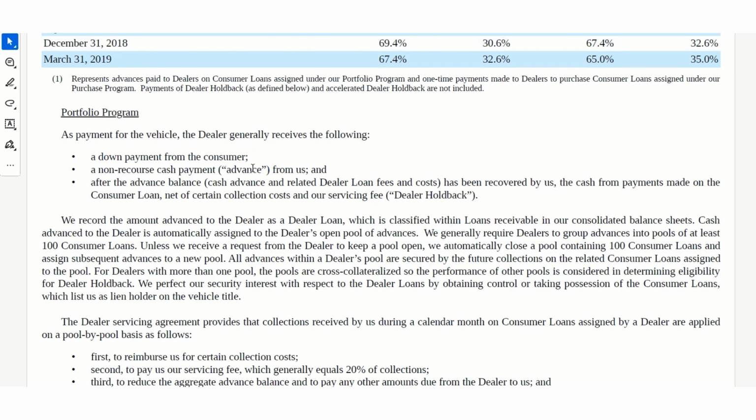All right, so to continue, it's my belief that the cash payment advance that the financial institution gives to the dealer, I believe that they are splitting the proceeds from the account. So the financial institution is advancing the dealership some of the money from the account, right? And then as well as making you pay what's on the account as well.